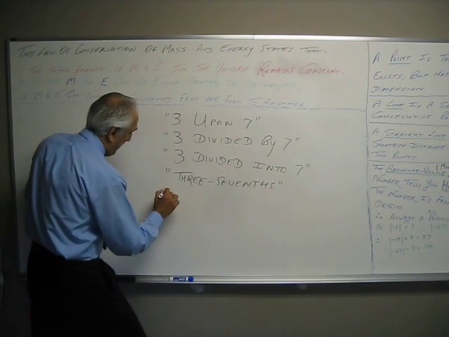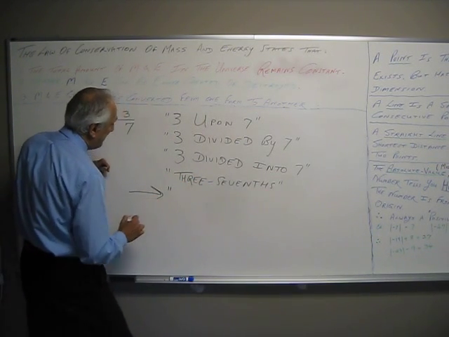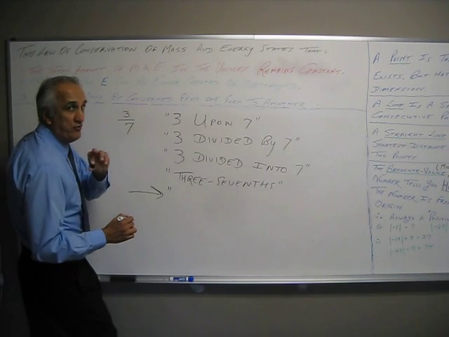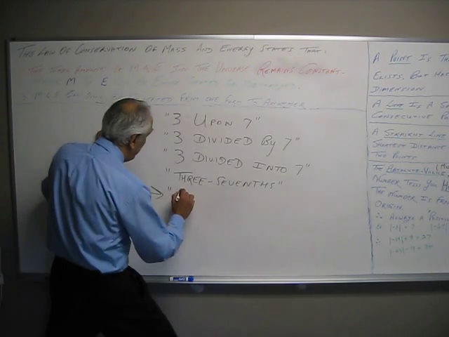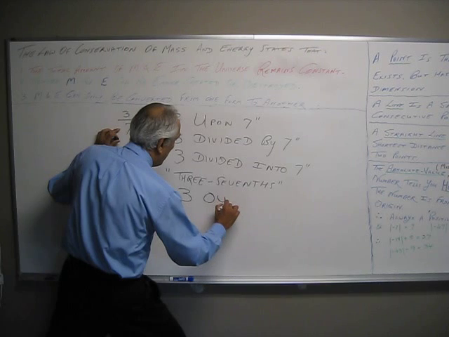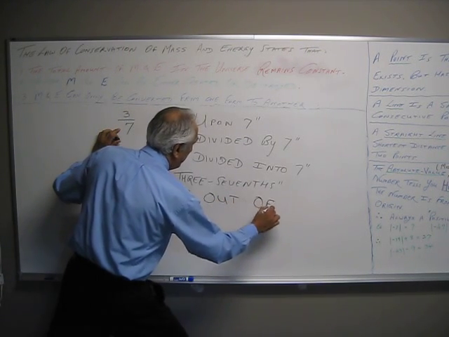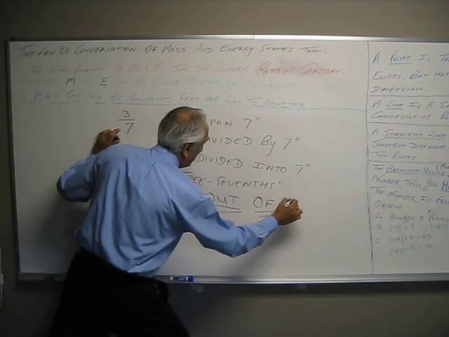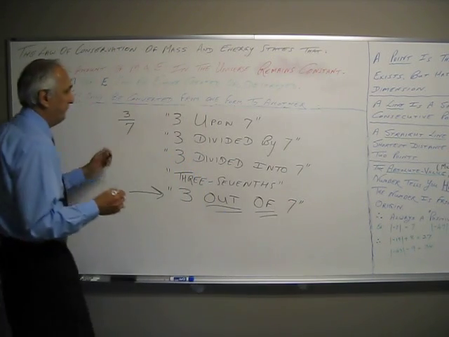However, the best way to verbalize these numbers so as to bring out their true meaning is 3 out of 7.